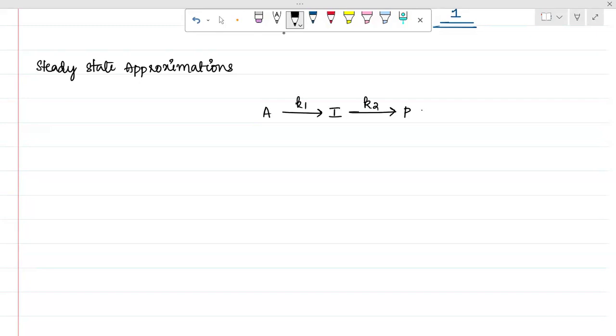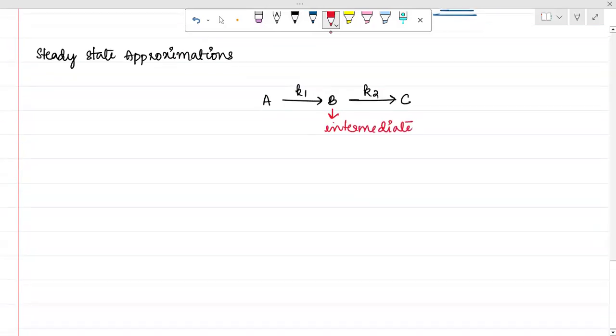Now, depending on the relative values of the rate constants. Yesterday we took A, B, and C. I'll proceed with the same, so here B is our intermediate. Now let's discuss certain graphs.